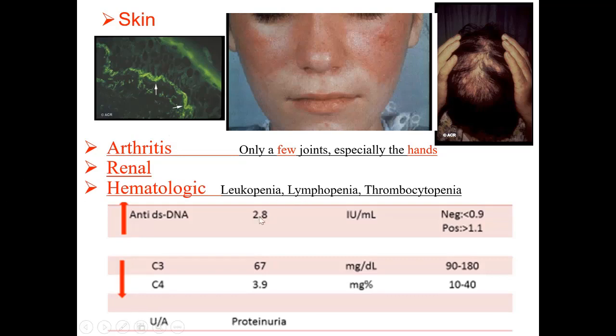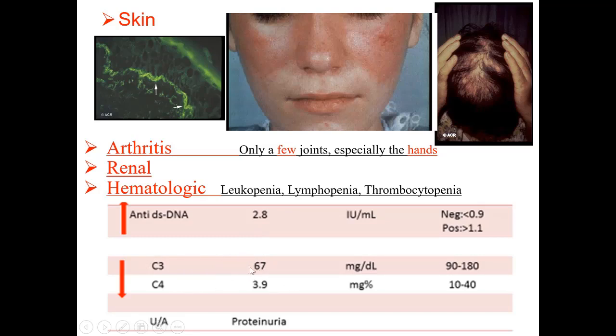And in this slide, what is important is the decrease of the C3 and C4 serum levels, as you see here. For example, the normal range of C3 is 90 to 180 milligram per deciliter, but the serum level of C3 of this SLE patient is 67.